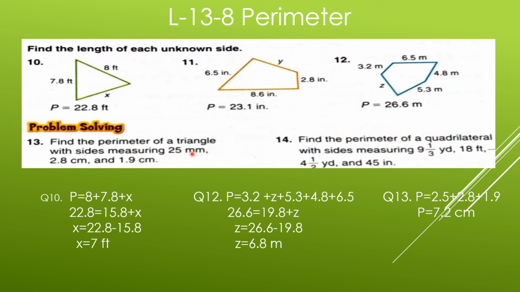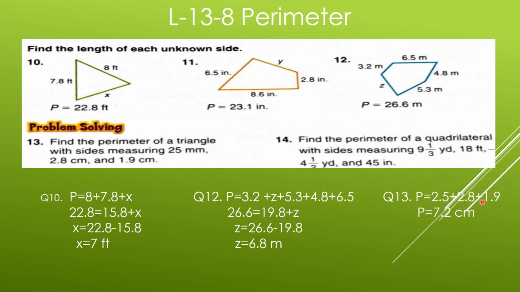First you convert this 25 mm into centimeter, because 2 units are in centimeter. This one also, just shift to the left side. What is the value? 25 mm is equal to 2.5 centimeter.